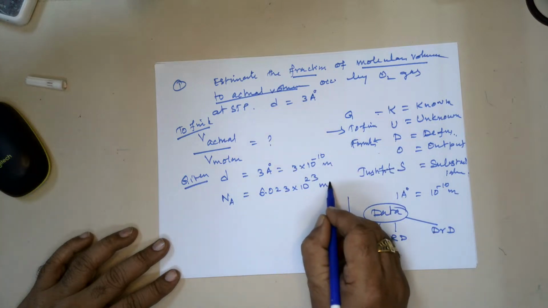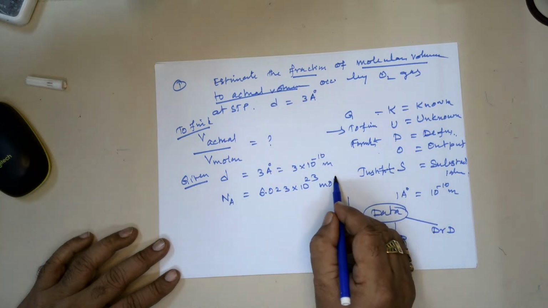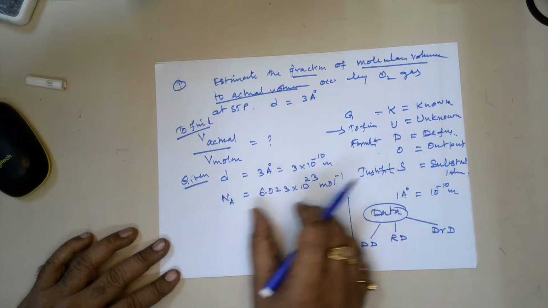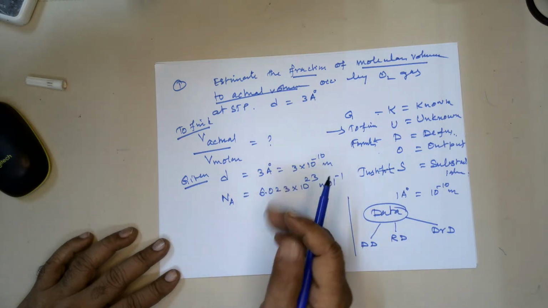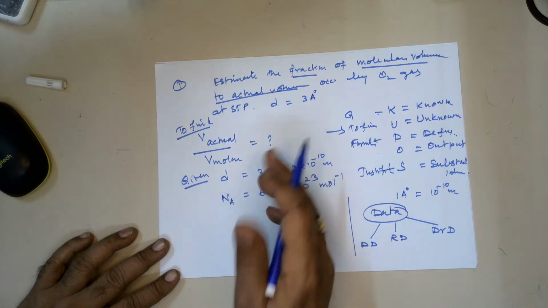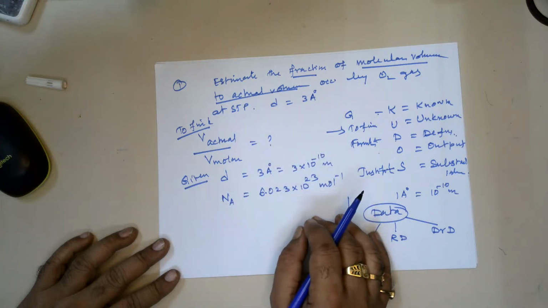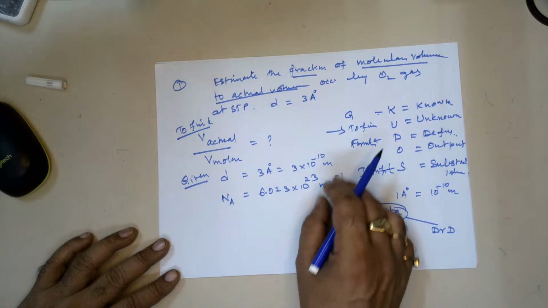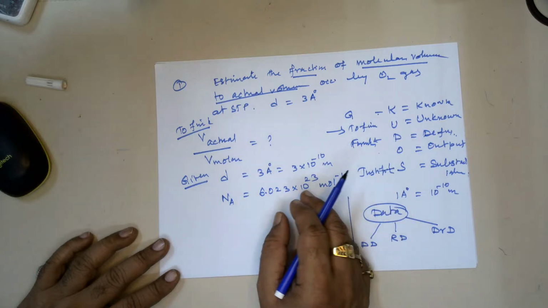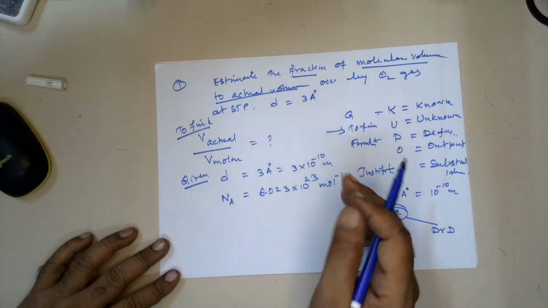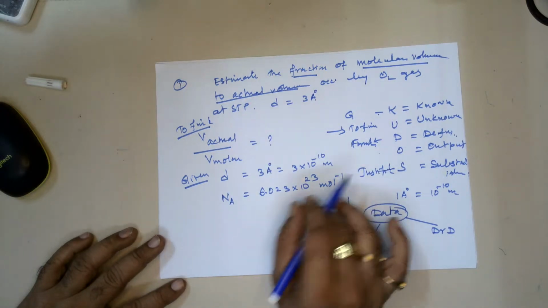So you have to say per mole. Actually, Avogadro's number is something like when you say 1 dozen apples, it means 12 apples. Is that not? So similarly, when I say 1 mole of any gas molecule, it means 6.023 into 10 power 23 gaseous molecules, in this case oxygen.